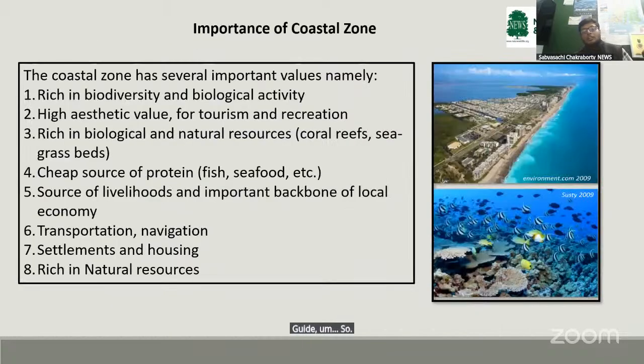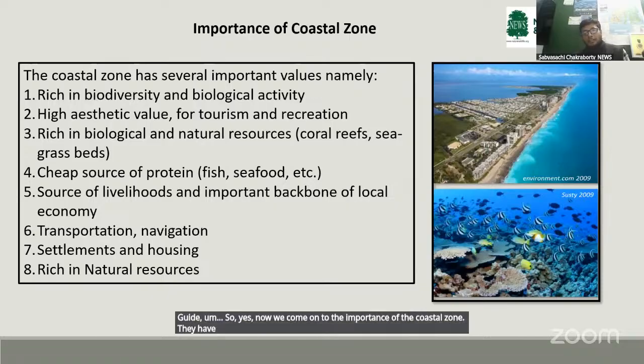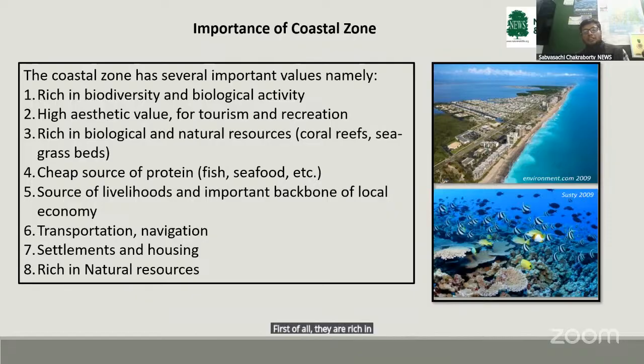So now we come to the importance of the coastal zone. They have several important values. First of all, they are rich in biodiversity and biological activity, and have high aesthetic value for tourism or recreation.